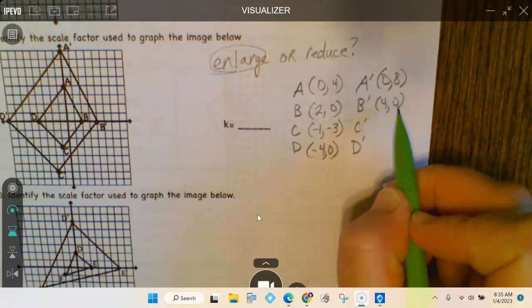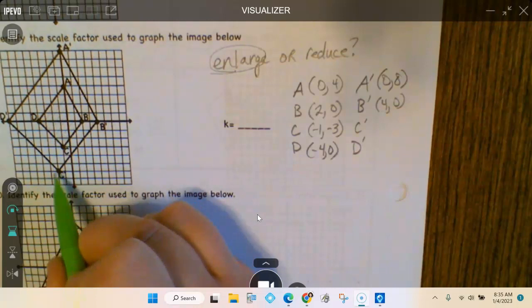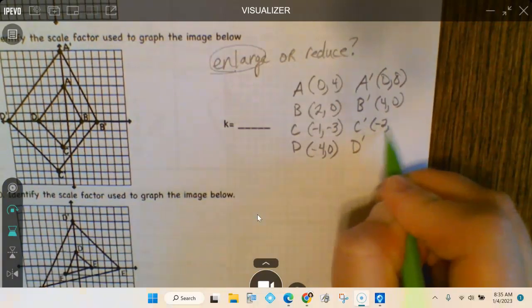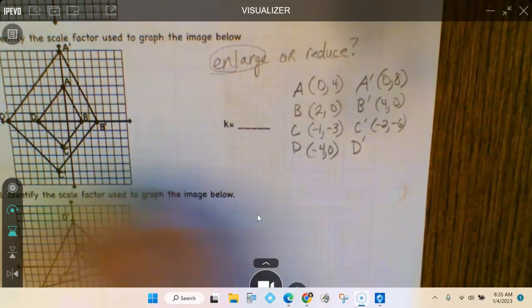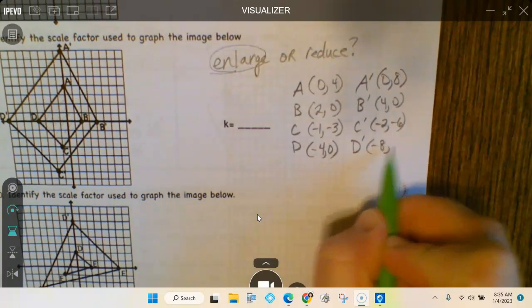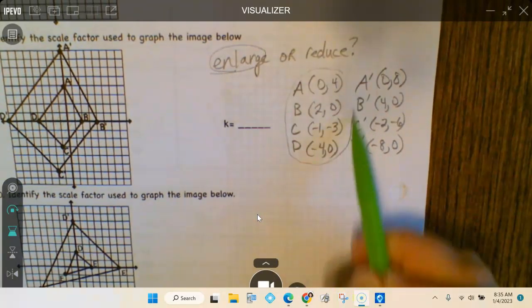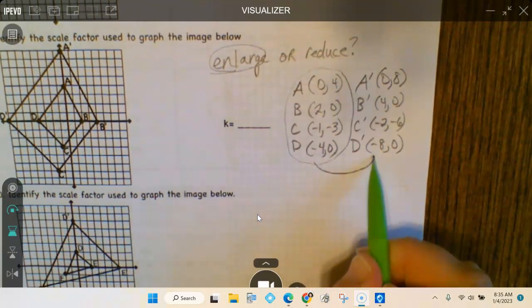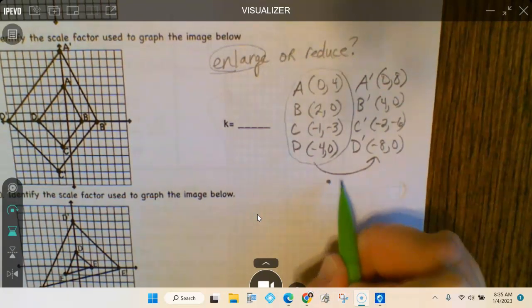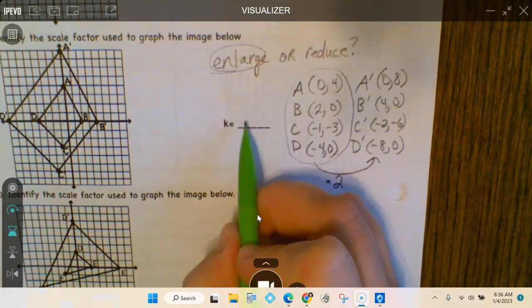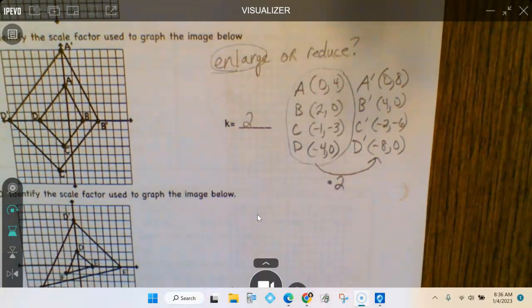C prime is at -2, -6. And D prime is at -8, 0. And what I can see is from our pre-image to our image, we multiplied by 2. So that means my scale factor is 2, and that's an enlargement.